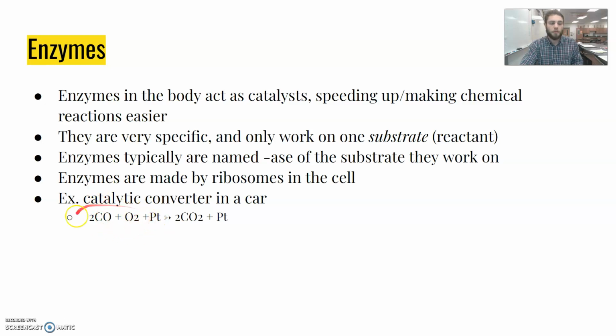Naturally, carbon monoxide and oxygen would not react with one another, but they will react with platinum, and then once they've reacted with platinum, they can react with one another. As a result, platinum is an enzyme that allows this chemical reaction to take place, turning carbon monoxide and oxygen into harmless carbon dioxide.